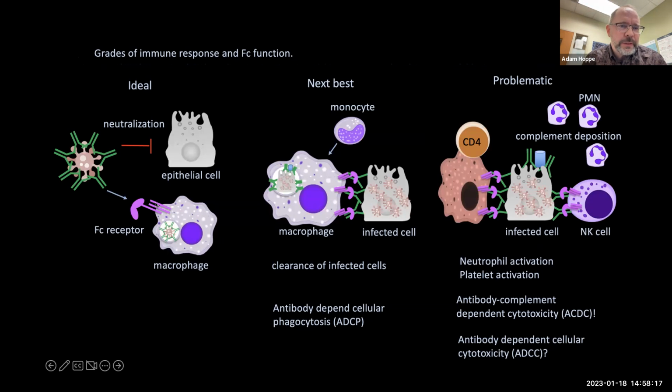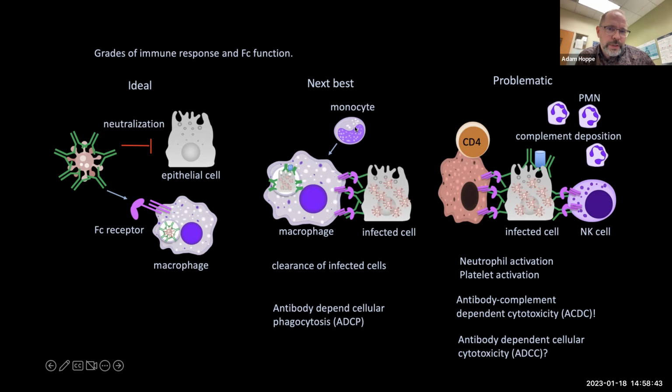So again, ideal is neutralization and simple clearance of the virion, that would be asymptomatic, no problem. Maybe next best is a scenario, and I'm going to try to make this case now, in which the macrophage can engage with the infected cell and perhaps, in conjunction with natural killer cell activity, lead to clearance of these infected cells.